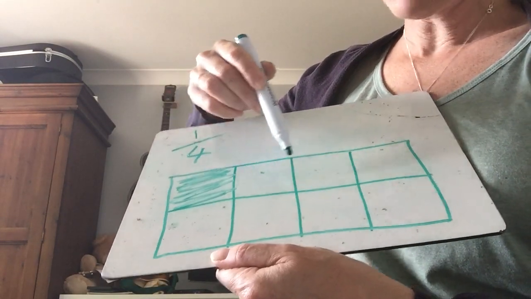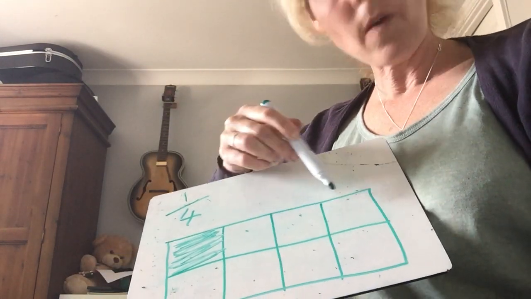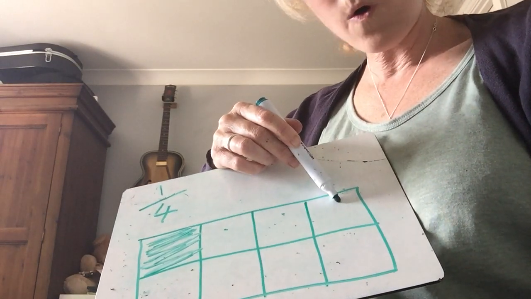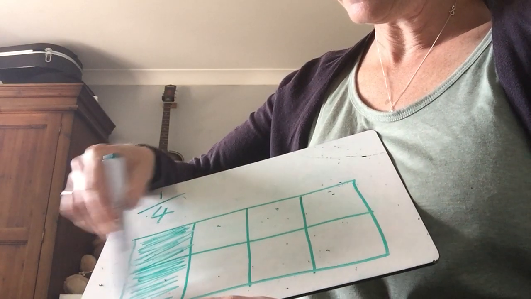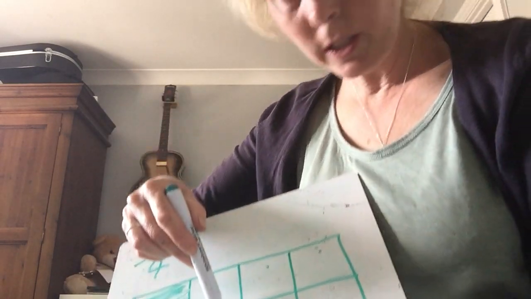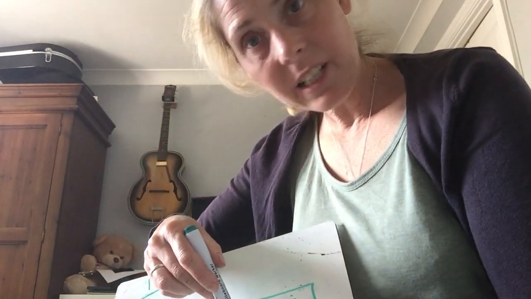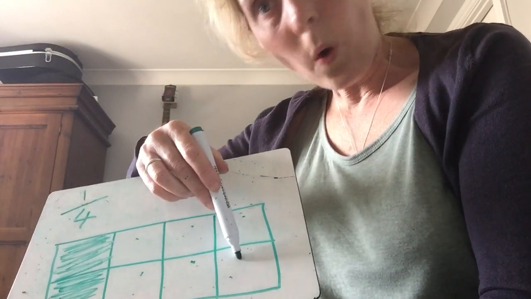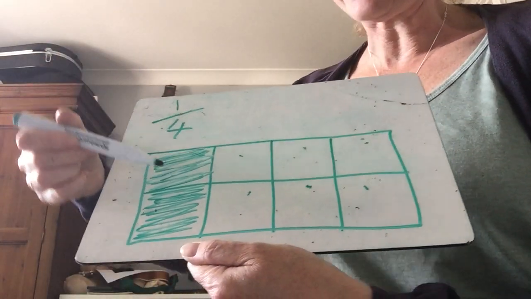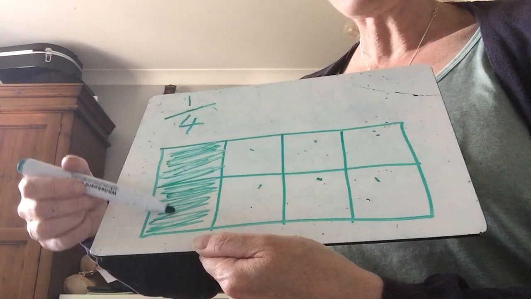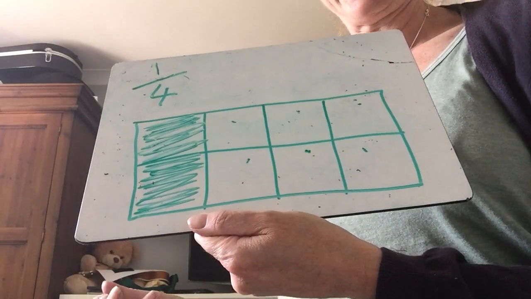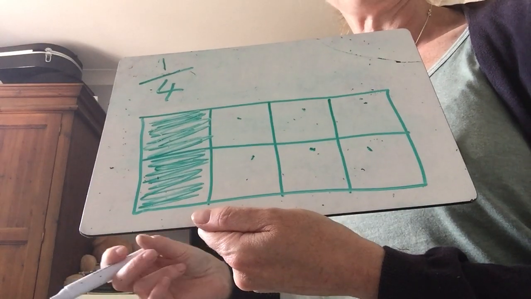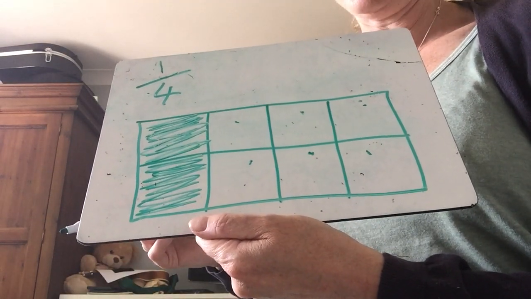So you're going to go 1, yes, 2, 3, 4, 1, yes, 2, 3, 4. So now we have shaded 1 out of every 4 bits. Okay, so 1/4, 1 out of 4.